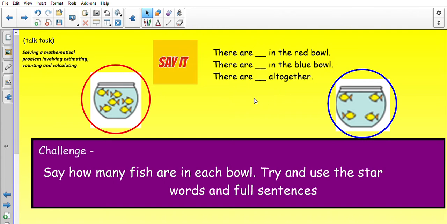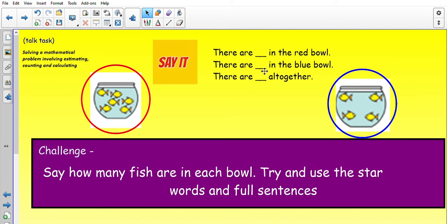Oh, now how many are there all together? 6 and 4 all together. How am I going to find out how many all together? That's right, I can count them, can't I? I can count on. So I can say 1, 2, 3, 4, 5, 6, and then not start again, but count on 7, 8, 9, 10.